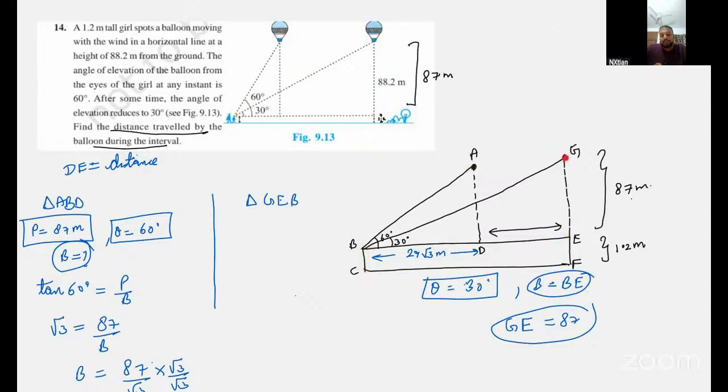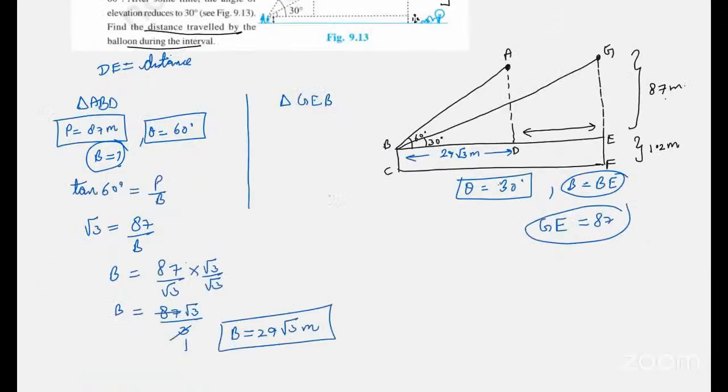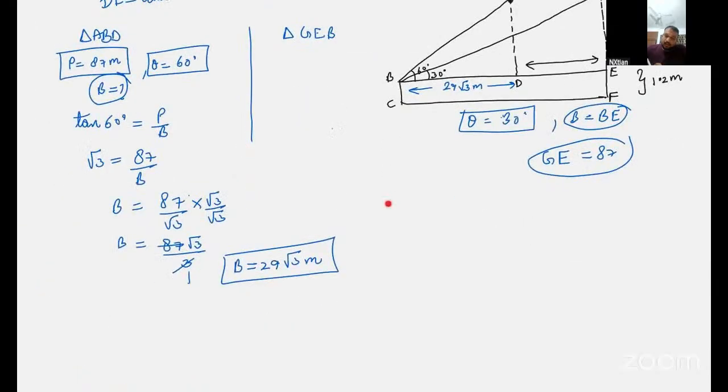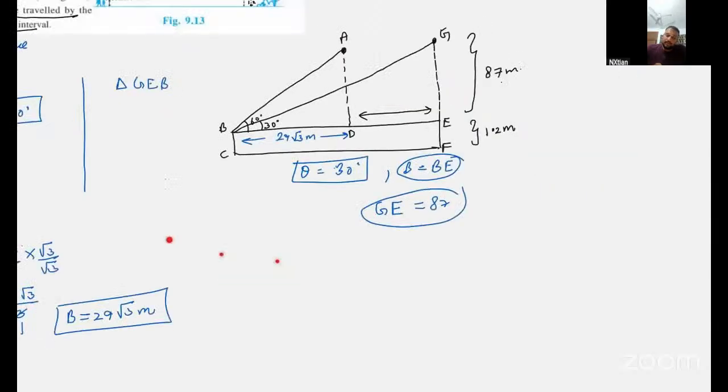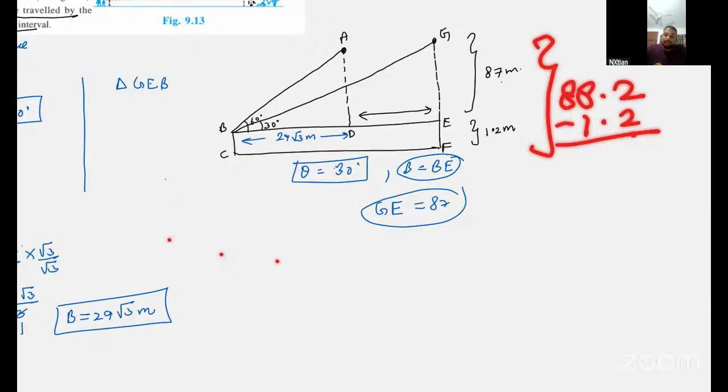Sir, from 88.2, how did you get 87 by subtracting 1.2? For example, this whole is 88.2, no? If I subtract 1.2 from it, I will get 87, which is the height of this.